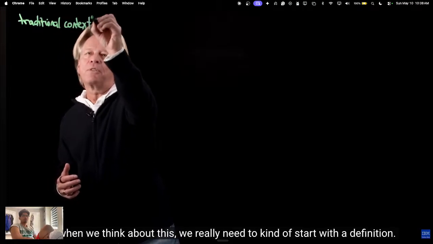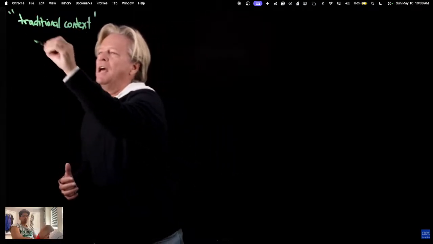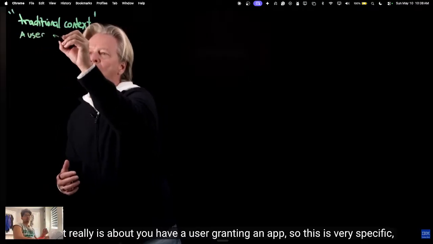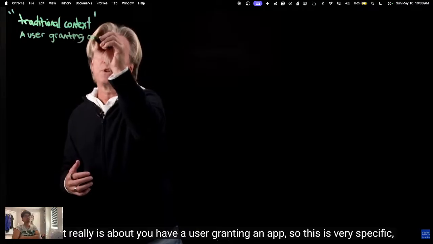And when we think about this, we really need to start with a definition. And it really is about, you have a user, an app. So this is very specific.